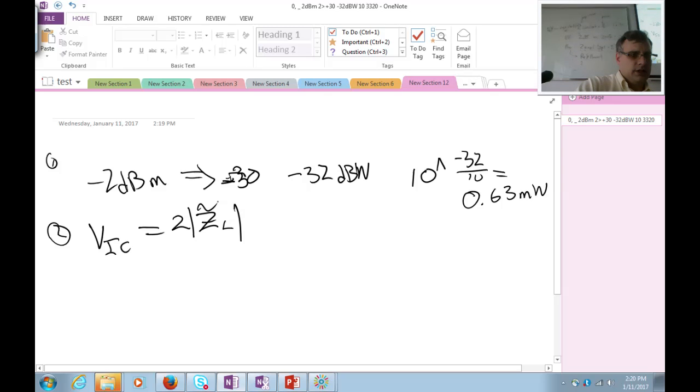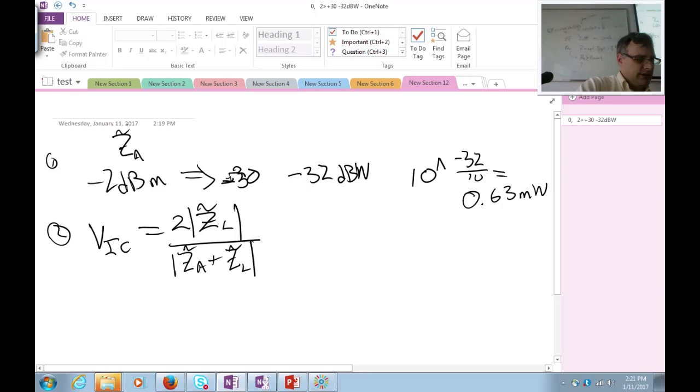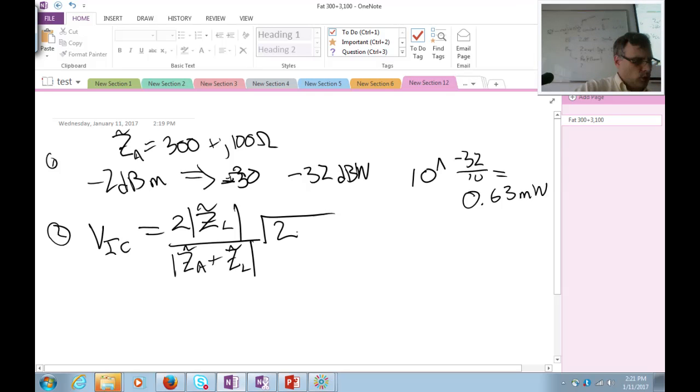And the second step is my V_IC, the voltage into that integrated circuit, according to the equation that we gave you earlier, was 2 magnitude Z_L, remember that Z_L is the 20 minus j350, divided by Z_A plus Z_L. I forgot to write down in the problem statement Z_A.